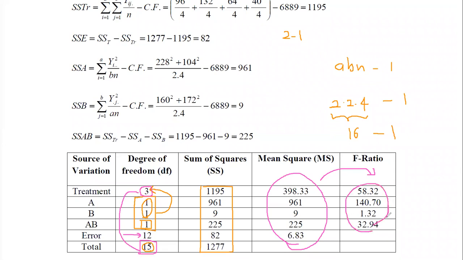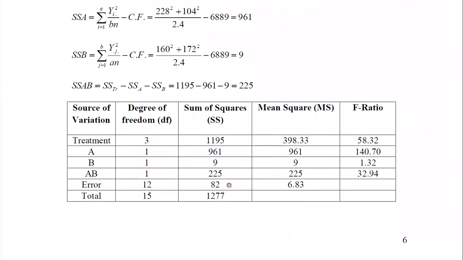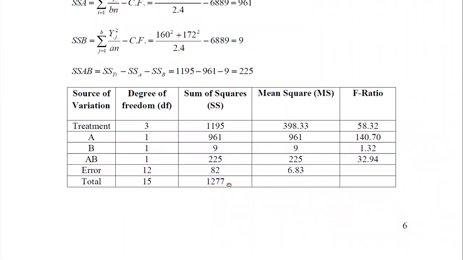Therefore, this is the ANOVA table that we can use for the given set of data, and using this ANOVA table, we need to test for the interaction. It is the first hypothesis that we need to test.